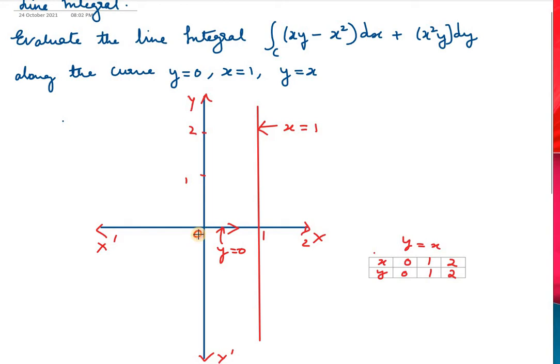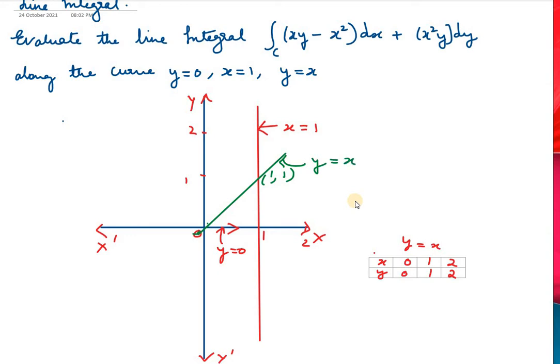It is a straight line which passes through the origin and meets the line x is equal to 1 at this point. So this is (1, 1), and this graph is represented by y is equal to x.